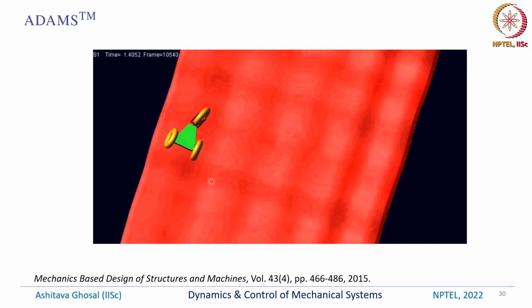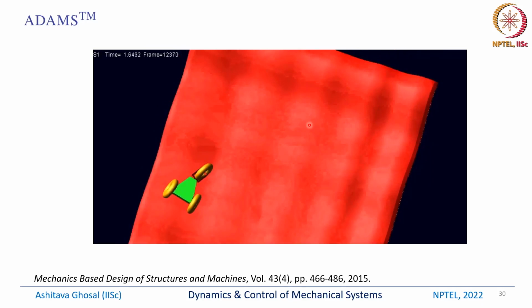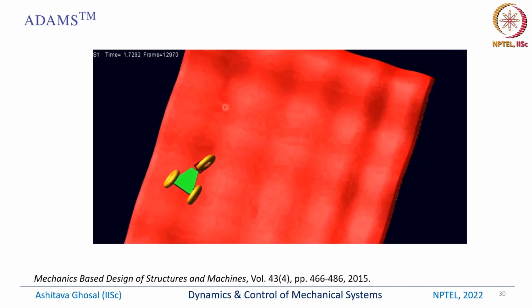So if you watch carefully, you can see that these wheels are tilting. Okay, and you can do these simulations, and then you can capture this animation and you can make a video in Adams, and then you can show such really nice simulations.